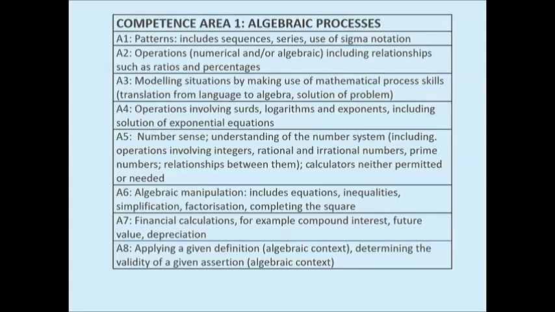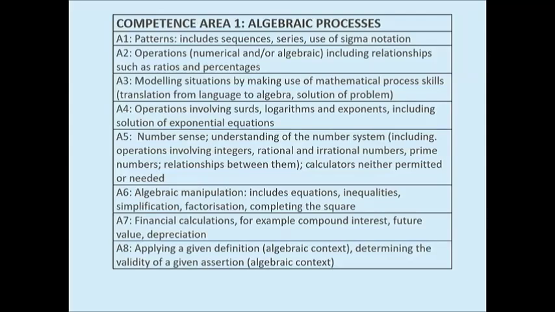This competence area is called algebraic processes. It is a very important competence area, especially for anybody wanting to do first-year mathematics. In many of the programs, engineering, computer science, they would be called on to do these kinds of operations in terms of first-year mathematics.